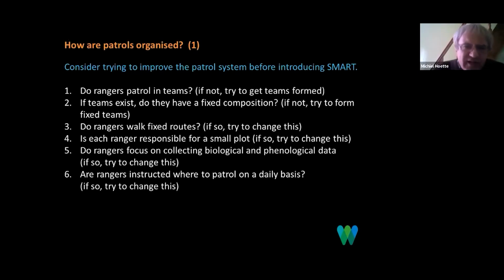And one thing that I would like to advise is to try to improve the patrol system before you introduce SMART, if there's a necessity. It's interesting, in the former Soviet Union, there are two completely opposite patrol systems that have evolved.